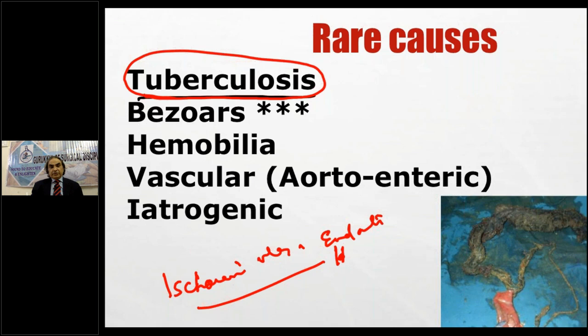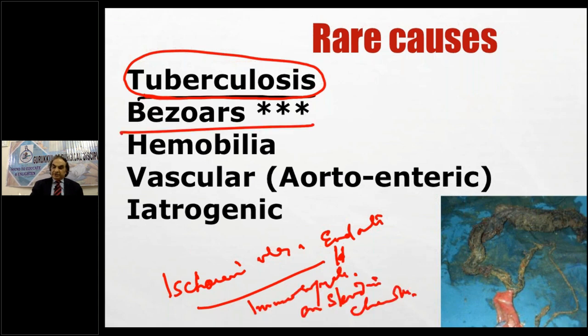So if you are asked the question, which group of patients with tuberculosis would bleed, have lower GI hemorrhage, it is those who are immunosuppressed or on steroid therapy, chemotherapy, etc.